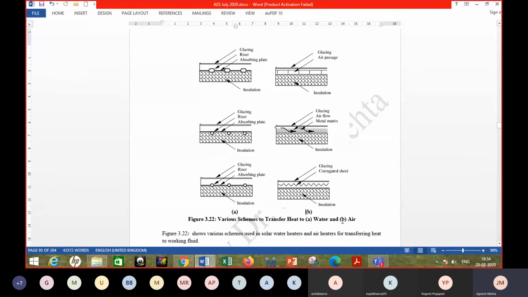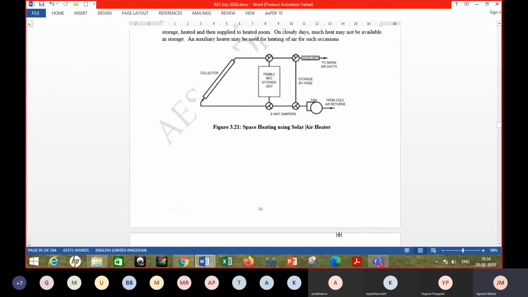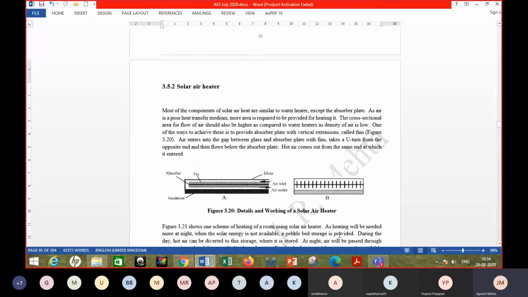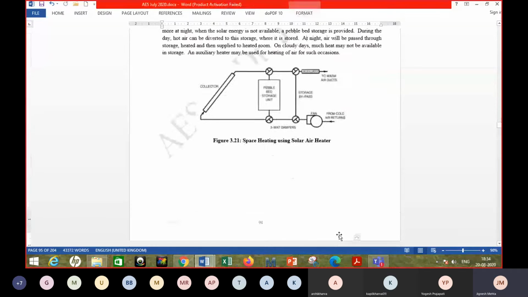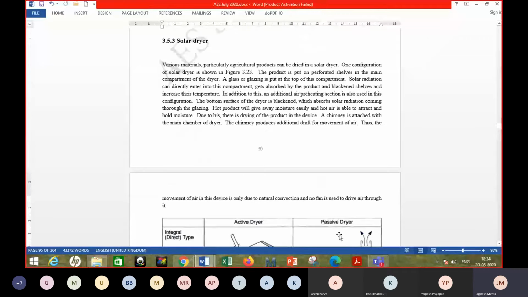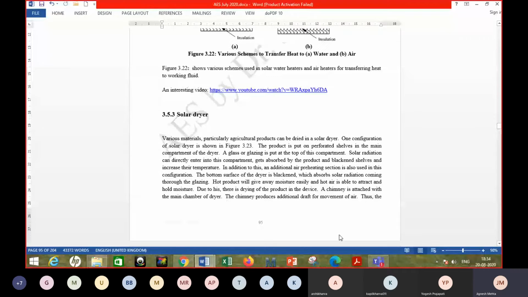So it may be wiser to use a corrugated sheet rather than a flat sheet when you are using a solar air heater.